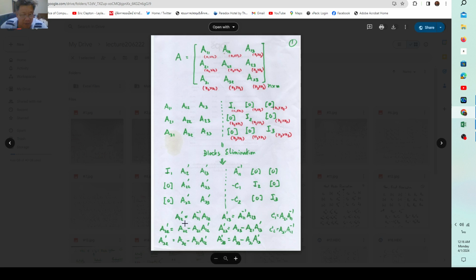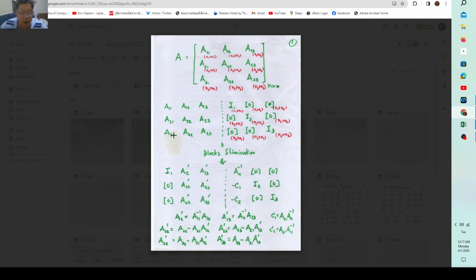And then A12 prime is A11 inverse times A12. A11 inverse is also multiplied here, and you get A13 prime, which is A11 inverse times A13. And A11 inverse times I1 becomes A11 inverse. And these are 0, so they remain 0.